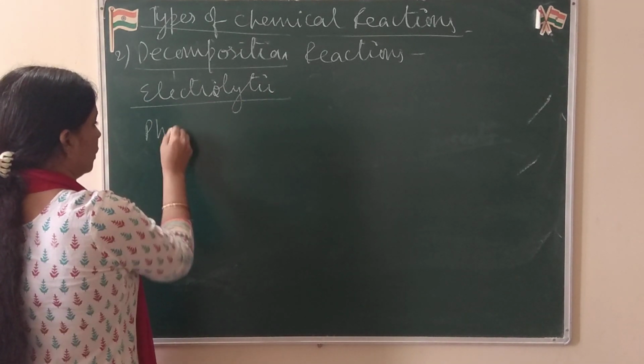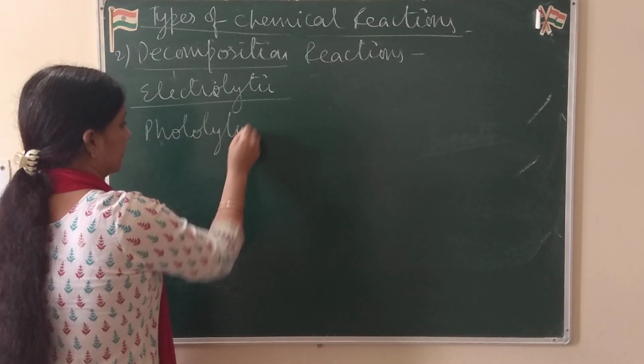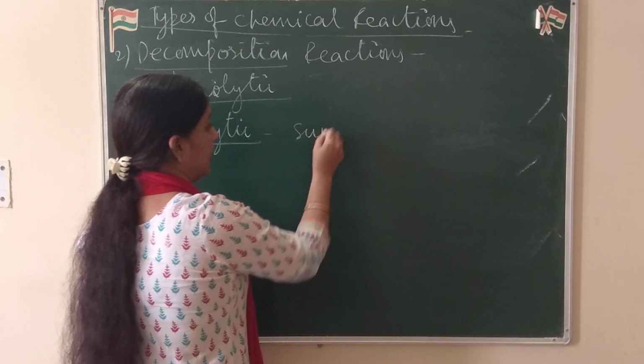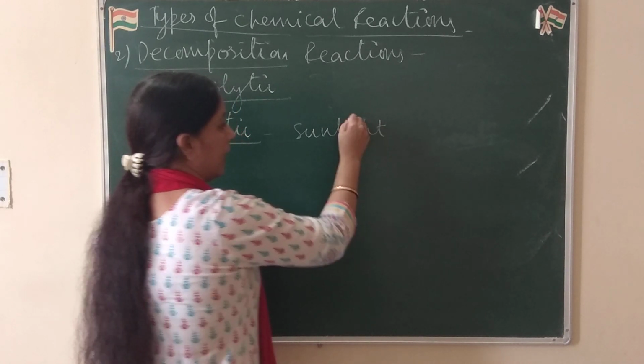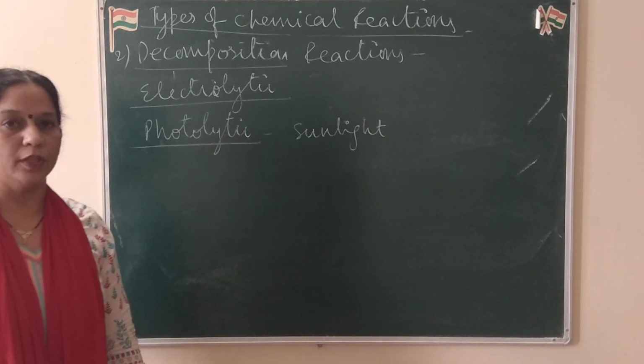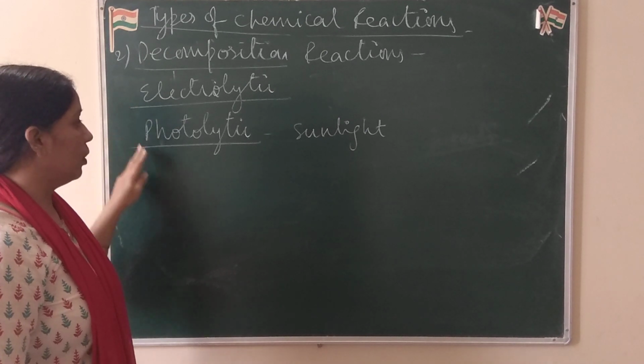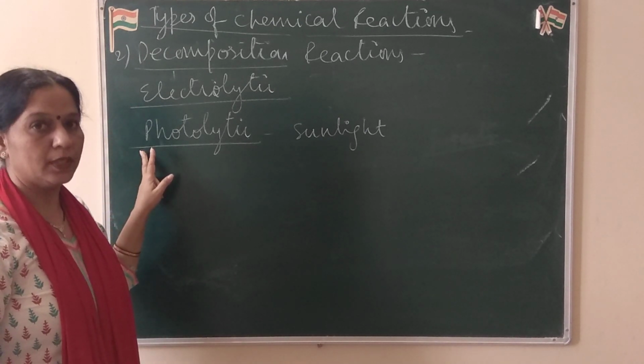Third type is photolytic decomposition. That means when sunlight is providing energy for the decomposition or for the breakdown of a substance. So we will see example of both of these type of decompositions in the next video.